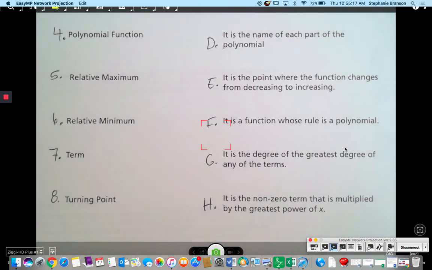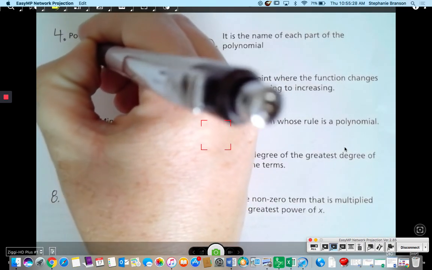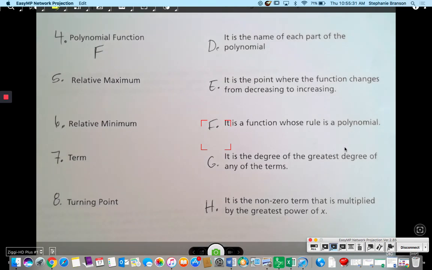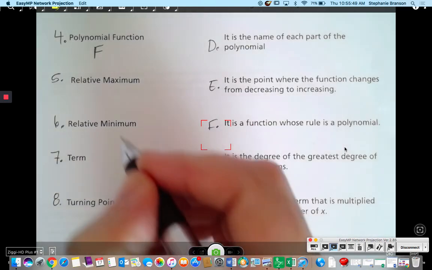Number 4, a polynomial function. A polynomial function is a function whose rule is a polynomial. That'd be F. Relative max is the point where the function changes from increasing to decreasing.